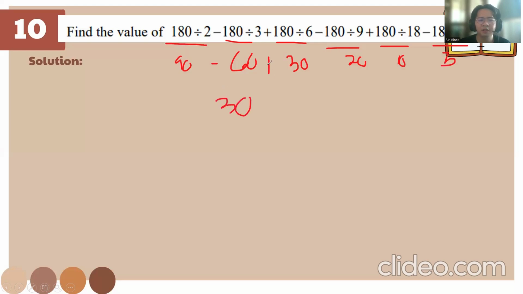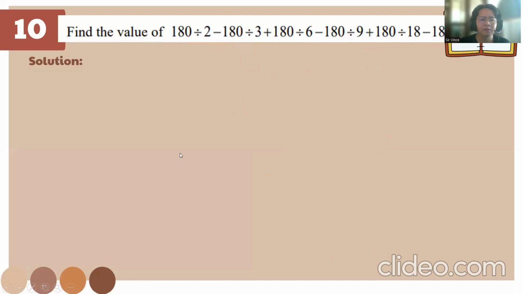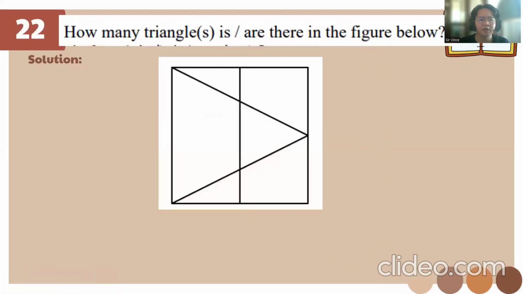On top, if we add, this is gonna be 60. If we minus, this is gonna be 40 rather. Then plus is 50. Then minus 5, we have 45. Okay. So we're part 20.